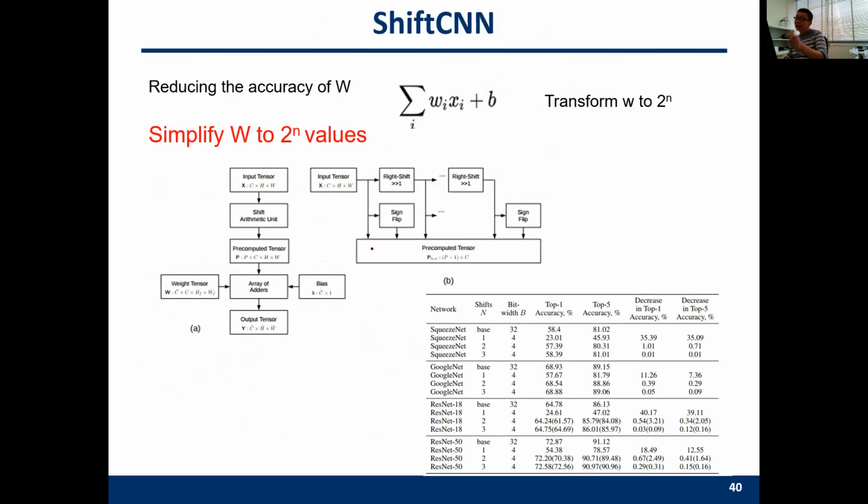Some people quantize the W into the 2 to n representation. For example, this is a binary form. It's actually an 8. We can rewrite this 8 as 2 to 3.